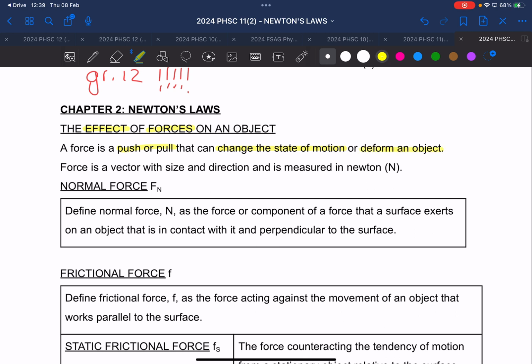If you hit someone, you deform their face. So you deform the shape of the object. Then a force is a vector, meaning it has size or magnitude and direction, and it's measured in newtons. That is literally what you did in grade 9 with forces.